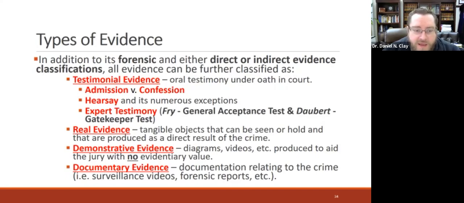The judge is supposed to ask, is the science that's being discussed generally accepted in the scientific community? Now you can see this as a problem because it limits new exploration and applying it to new things. So for instance, DNA didn't become a thing that we thought we could use in criminal investigations until the 1990s.